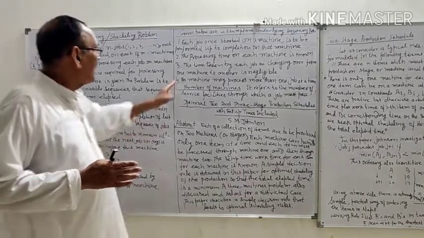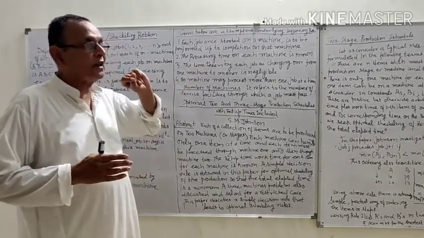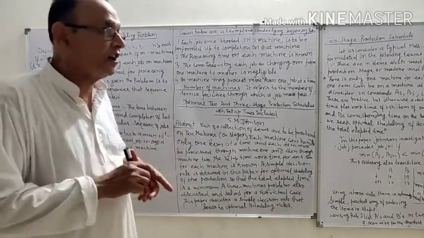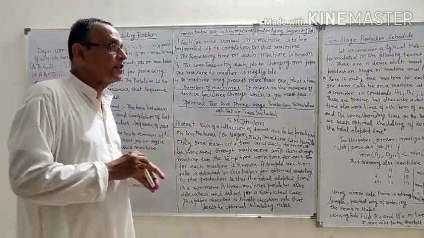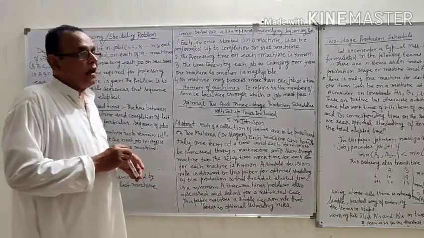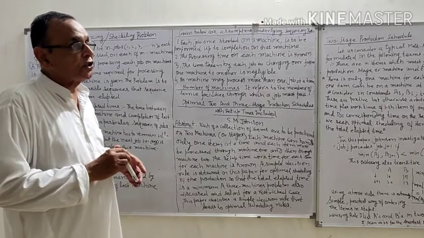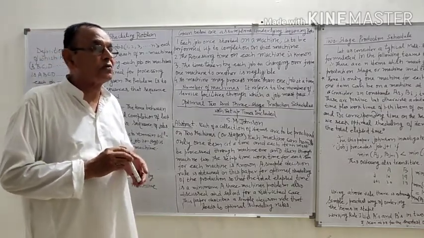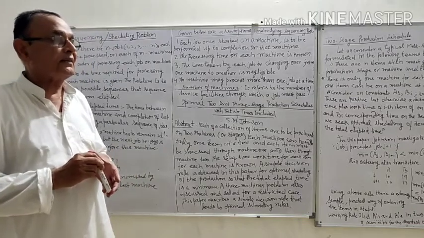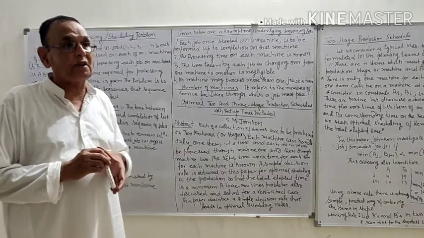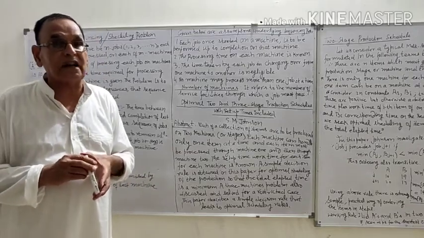But Dr. P.L. Mahajan, whom I was giving reference to in my last lecture, also discussed a sequencing problem in which there is a time gap. After the completion of a job on one machine, it takes time to be transported to the second machine. In that way he discussed a sequencing problem including transportation time.